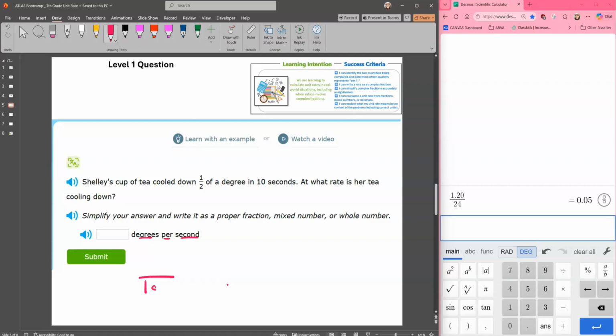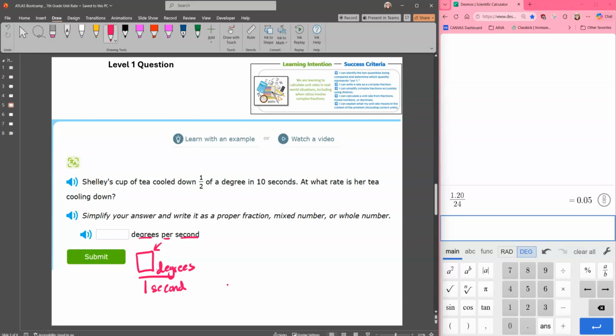So it's per 1 second, degrees per 1 second. I'm trying to figure out this number right here, but I already know that 1 second is going to be at the denominator of my fraction.